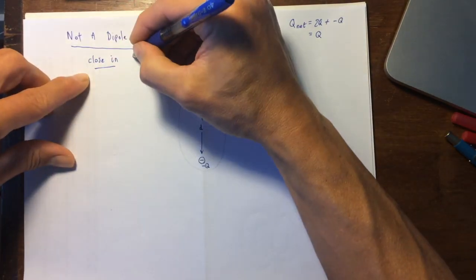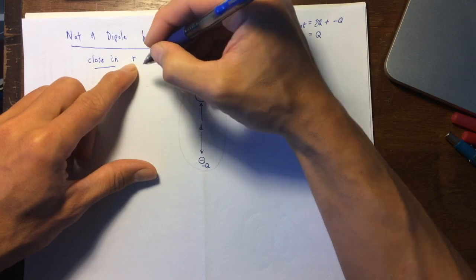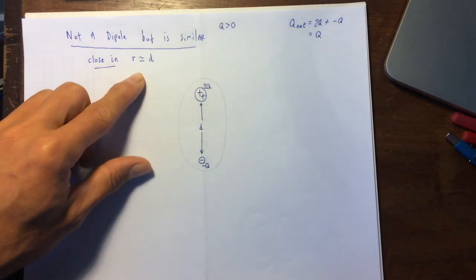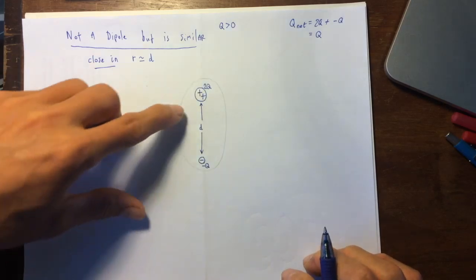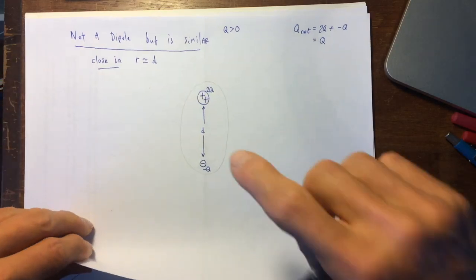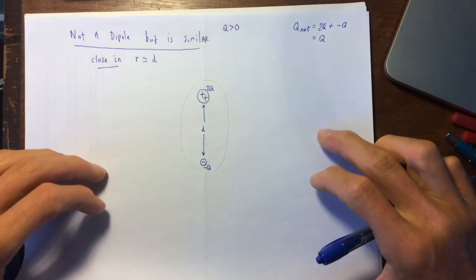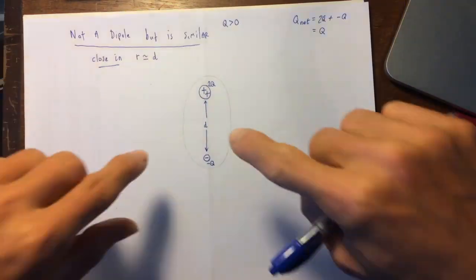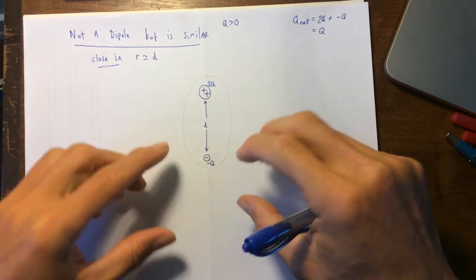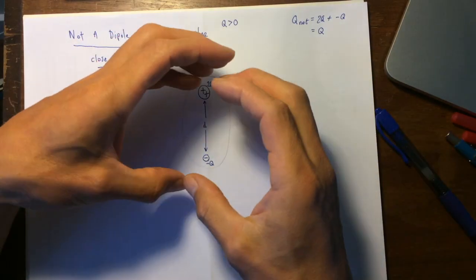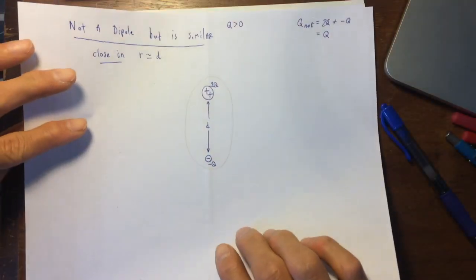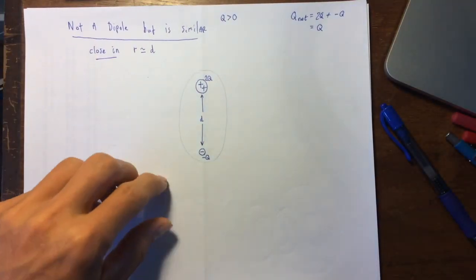Close in, I'm talking about at distances from the charge distribution that are similar to D. So let's think about what this has got to look like. What it's got to look like far away is this. So the picture that I draw close in you need to be able to imagine it morphing into this drawing. So let's see how that could work.